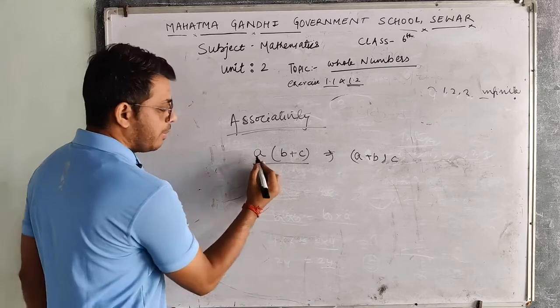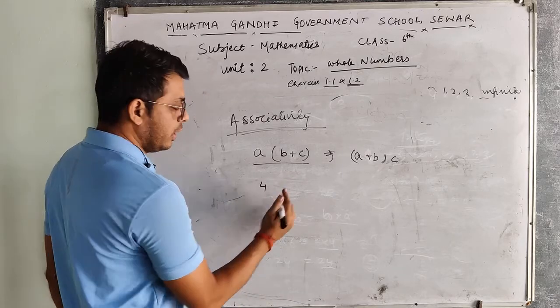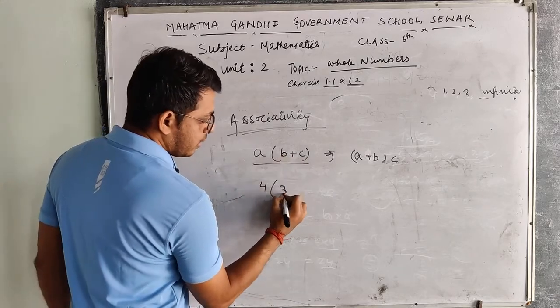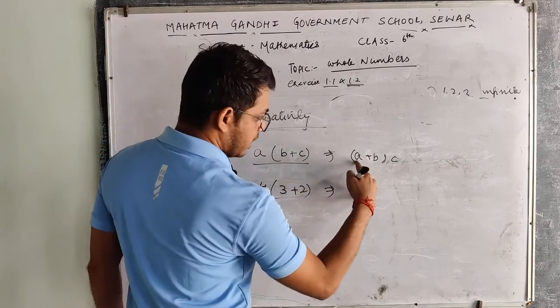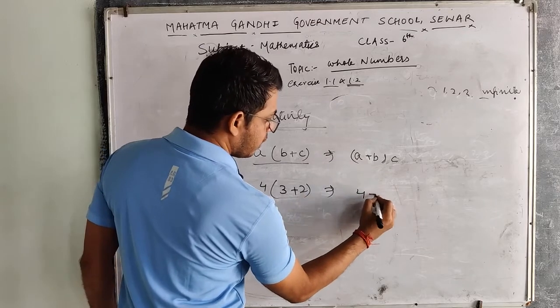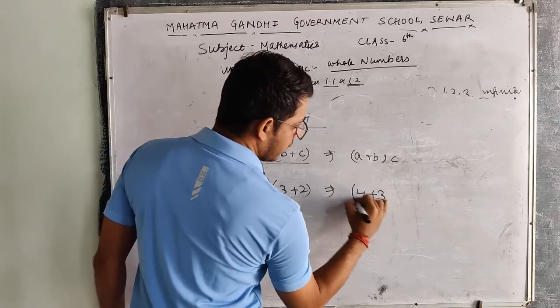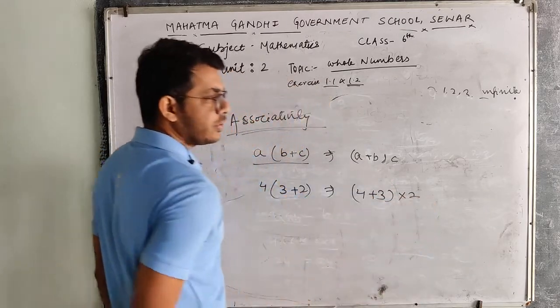Let's see. If I place 4 in place of A, B is 3 and C is 2.